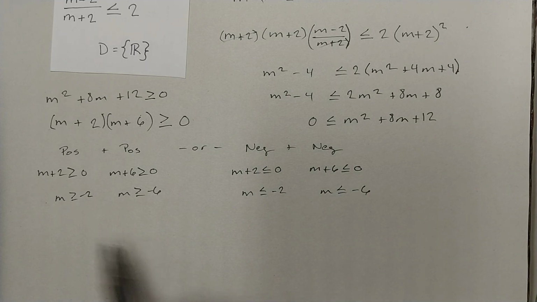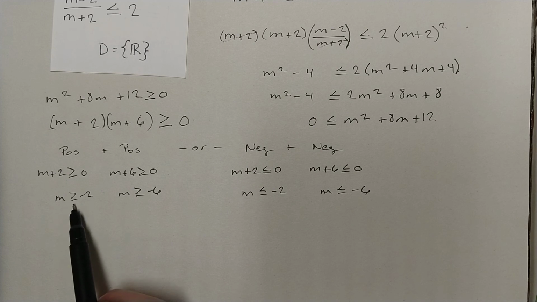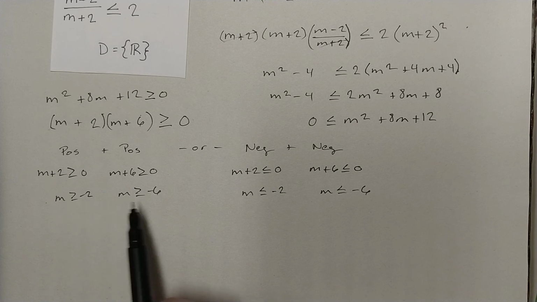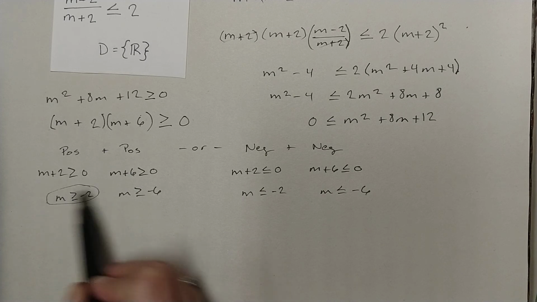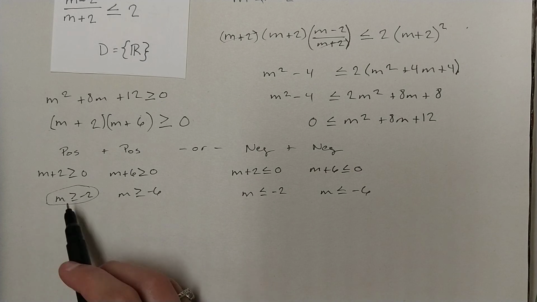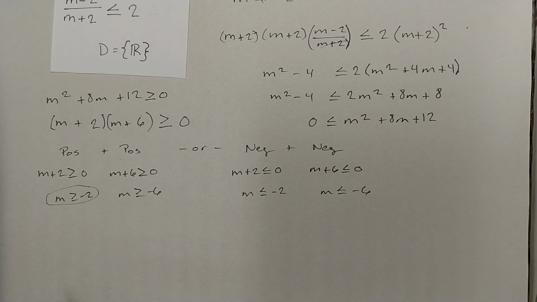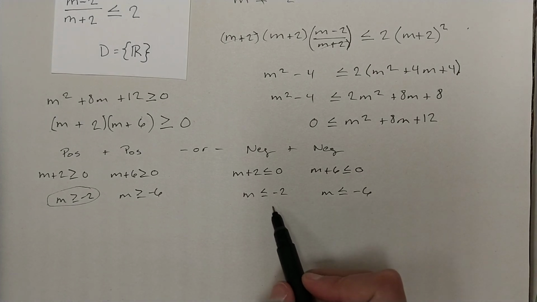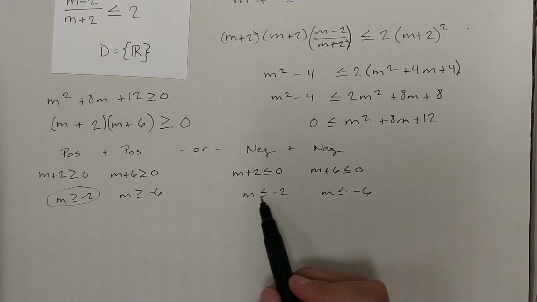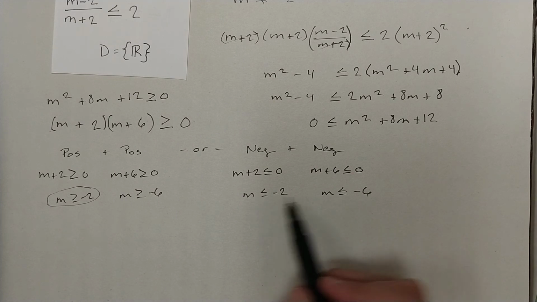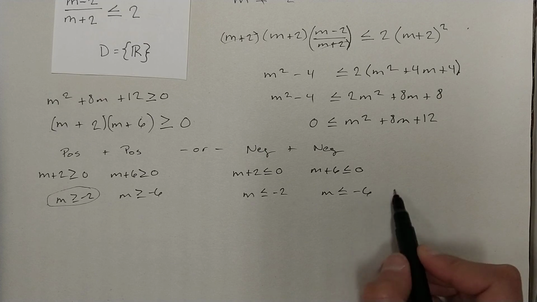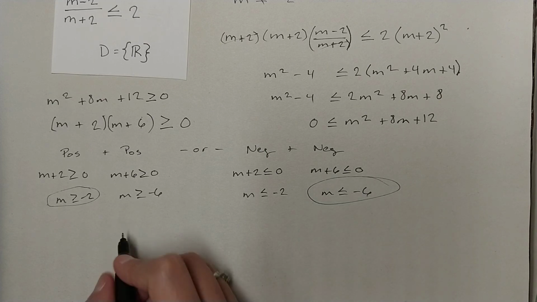We'll see if m is greater than or equal to negative 2 and m is greater than or equal to negative 6. We're going to choose m is greater than or equal to negative 2 since that one covers the negative 6 as well. On this side, we have m is less than or equal to negative 2 and less than or equal to negative 6. Negative 6 covers both of them.